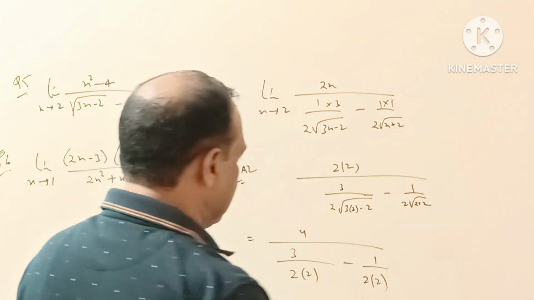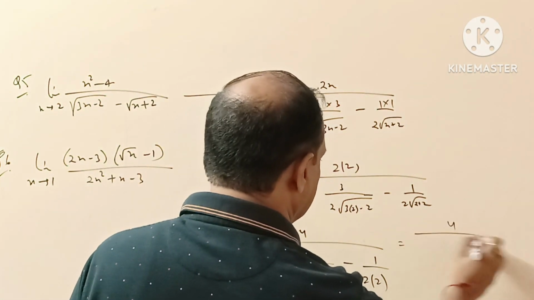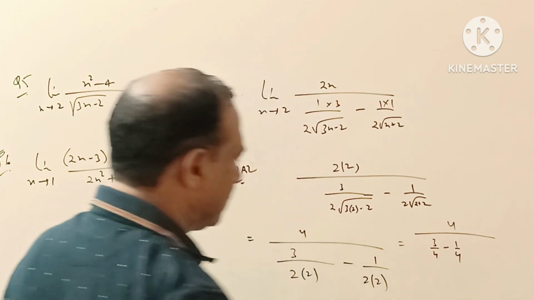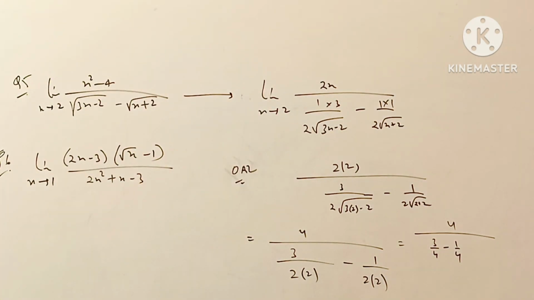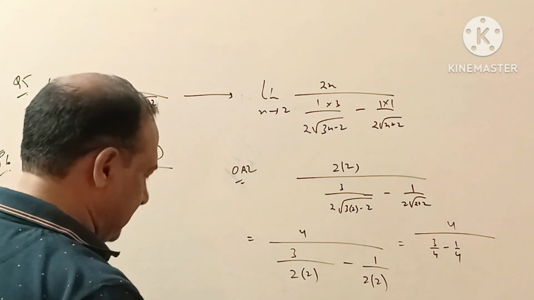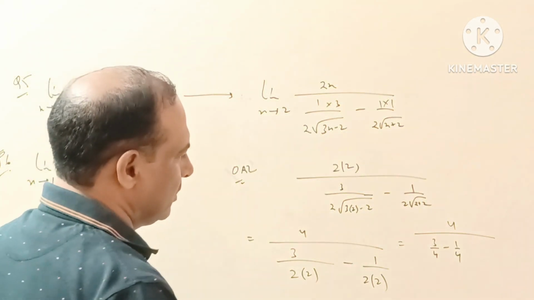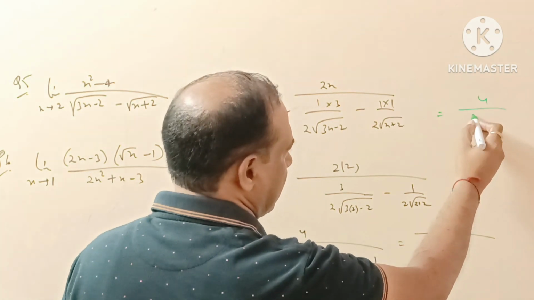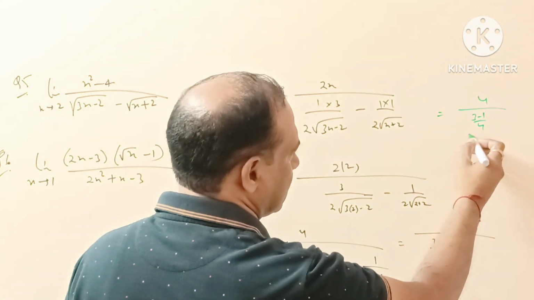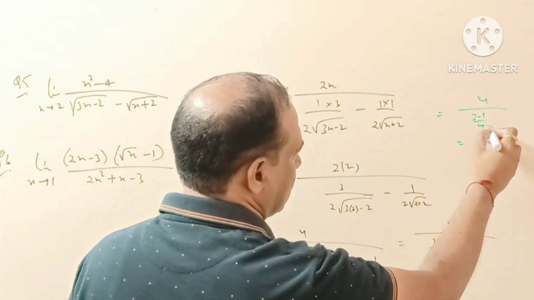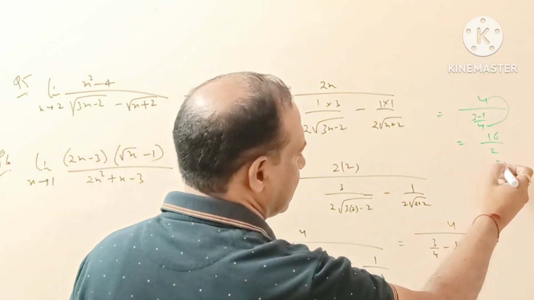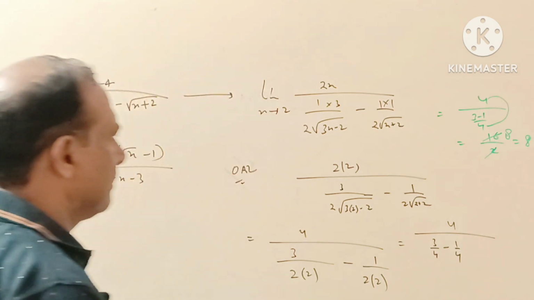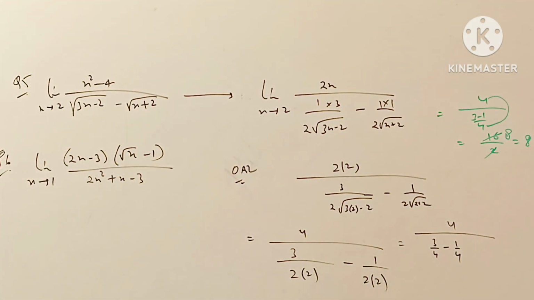Now I will have 4 over 3 by 4 minus 1 by 4. On solving this, I will have 4 over 3 minus 1 over 4, which gives me 16 over 2, and this will give 8 as the requirement. And this way you can do it.